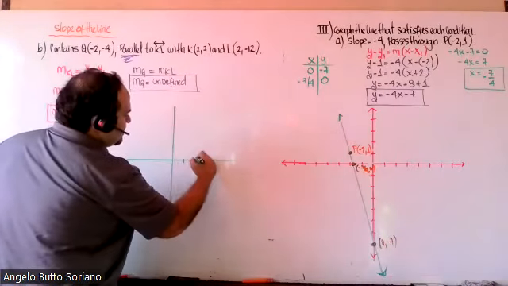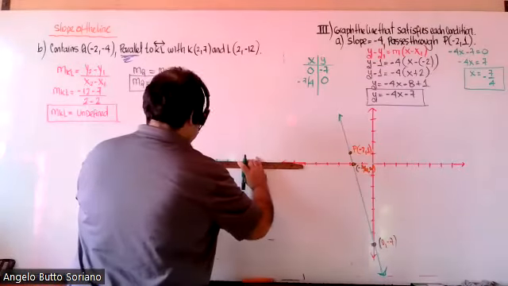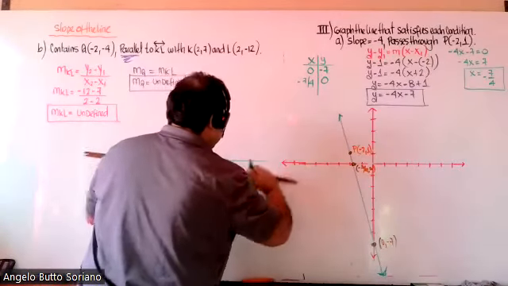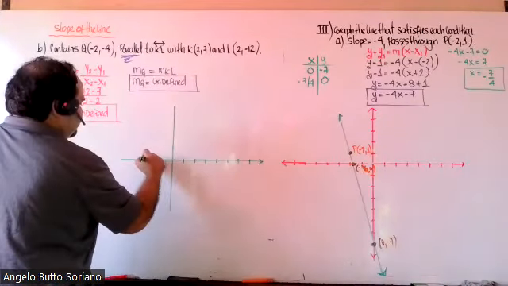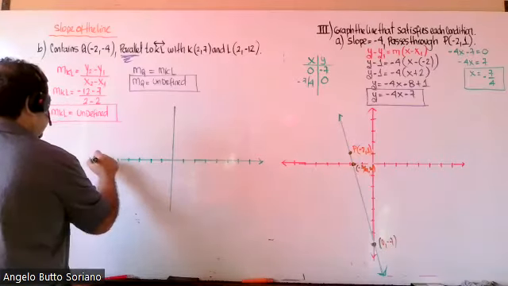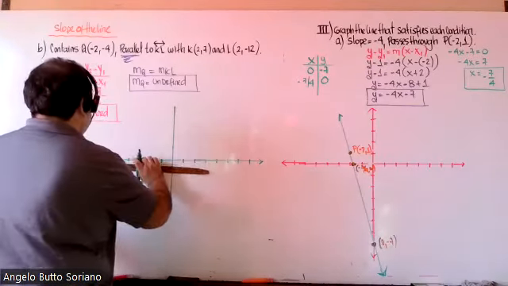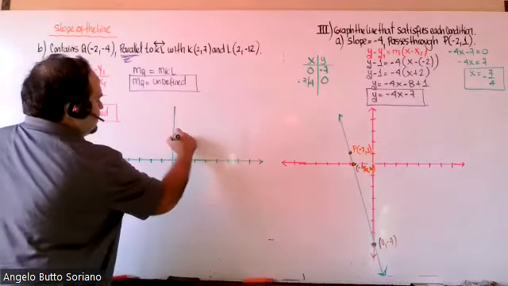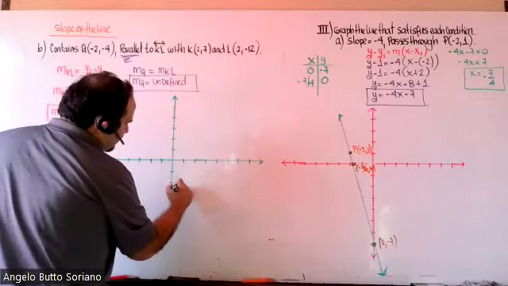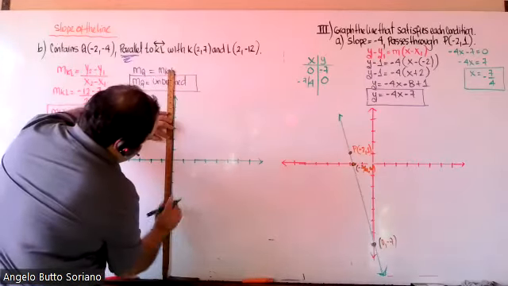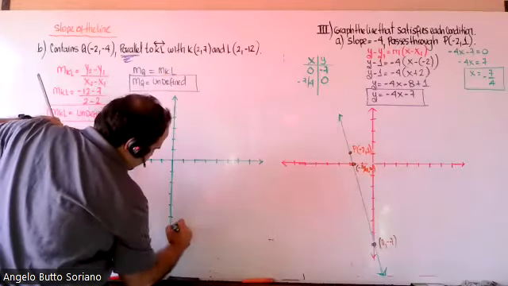So 1, 2, 3, 4, 5, 6, 7 units over here. 1, 2, 3, 4, 5, 6, 7 units over here. 1, 2, 3, 4, 5 units, that will be more than enough.